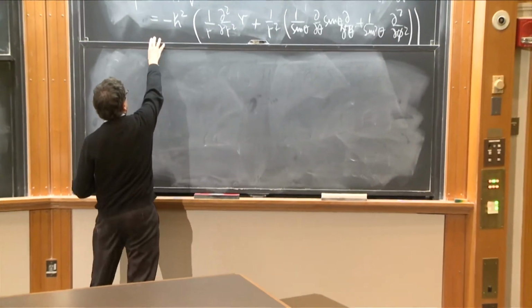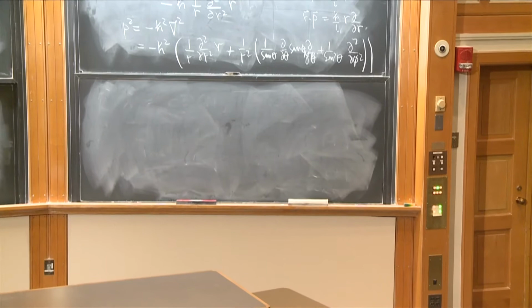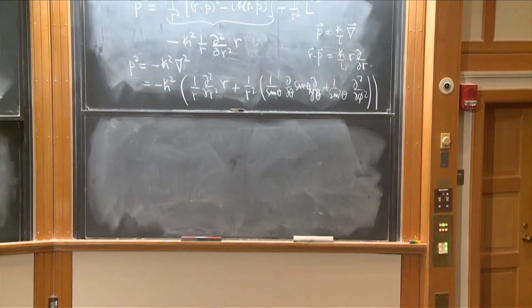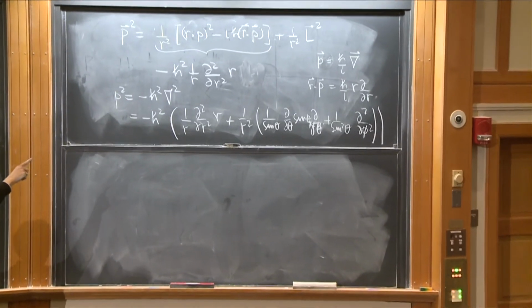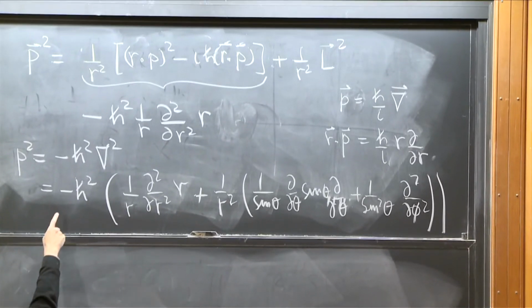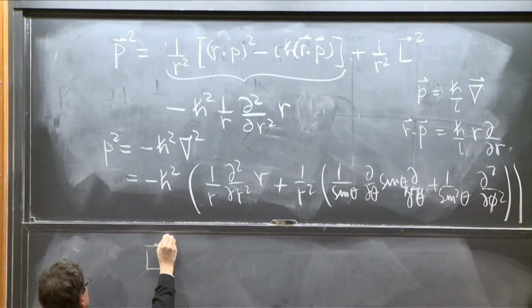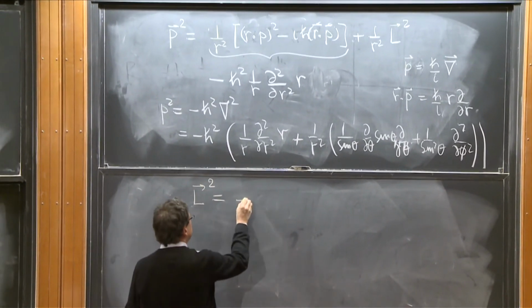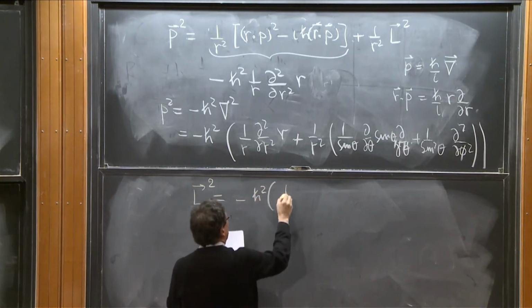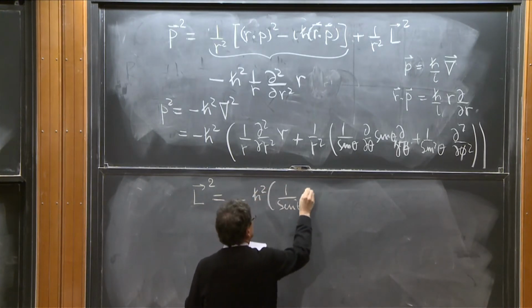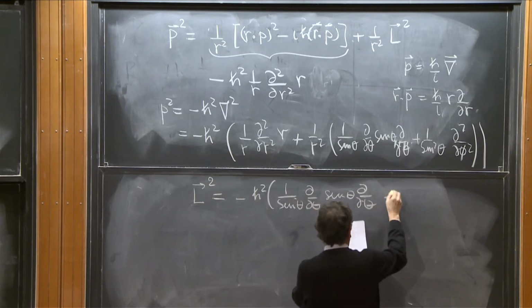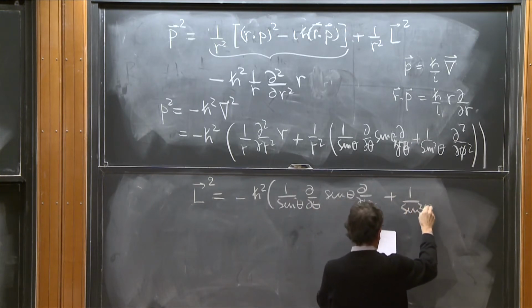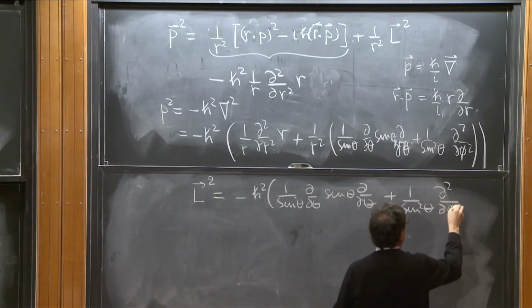The first thing is, if you compare these two expressions, you have a formula for L squared. You have L squared in 1 over r squared on the upper right, and here you have minus h bar squared times this thing. So L squared, that scalar operator, is minus h bar squared times 1 over sine theta d d theta sine theta d d theta plus 1 over sine squared theta d second d phi squared.